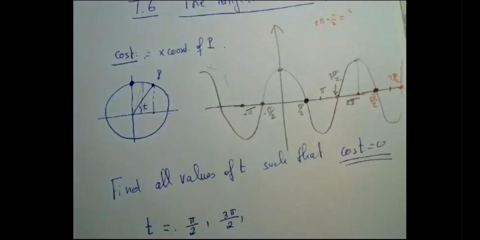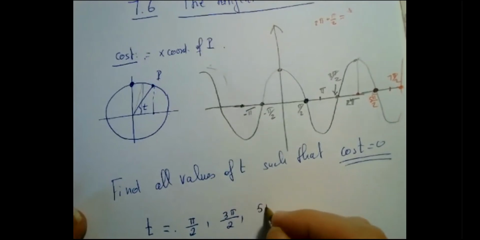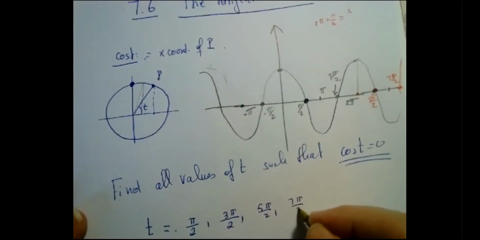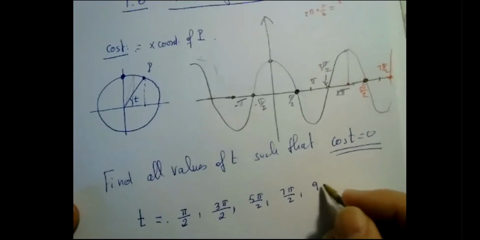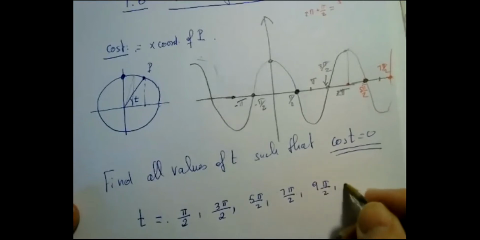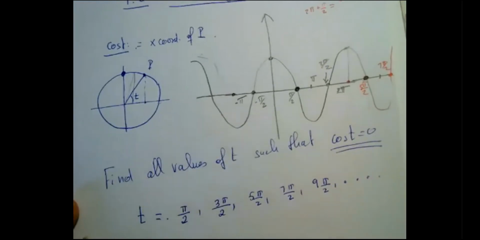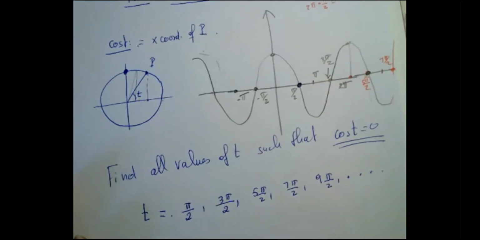There are tons of them. Every time you add 2 pi, you get it. So then we have 5 pi over 2, 7 pi over 2, like odd multiples of pi over 2, then 9 pi over 2. I think the idea is a little bit clear now, but I can add more.